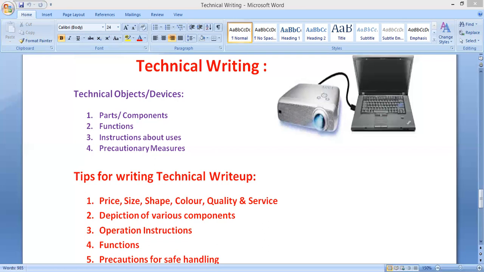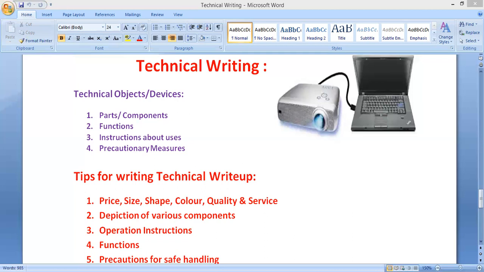If you write your technical write-up in easy language, your customer, your reader, your audience will be satisfied, and they will follow your instructions, and that device will live longer, of course. So instructions must be written in simple and easy language. Got it?